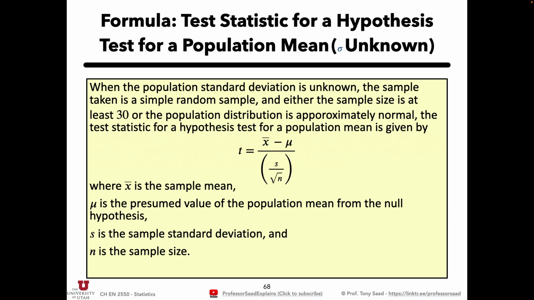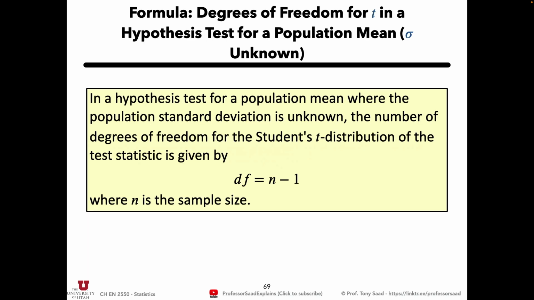So we've replaced sigma with s, the estimate from the sample standard deviation. But in this case, we also need degrees of freedom to define the t distribution, and that's, as usual, sample size minus 1. So when you punch in the numbers to get the reverse t-score, we need to use n minus 1.